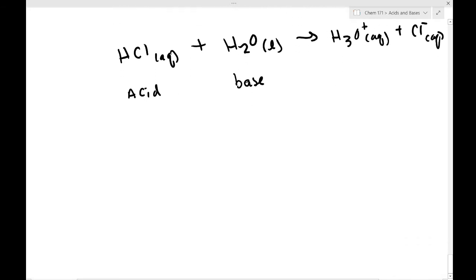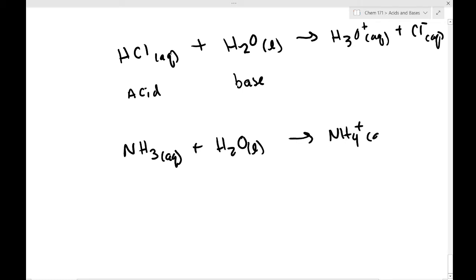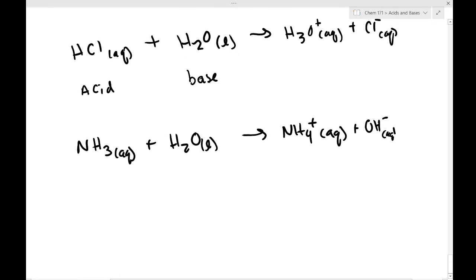Okay. Now let's look at our other reaction between ammonia, aqueous, plus H2O, liquid, goes to NH4, ammonium, aqueous, plus OH minus, aqueous. Okay, so what's happening here?